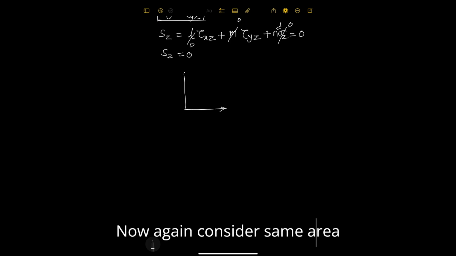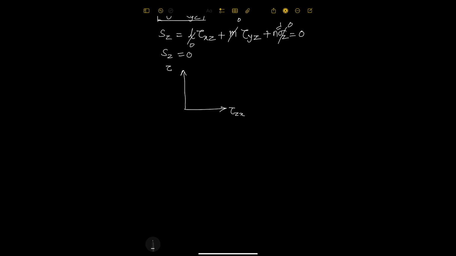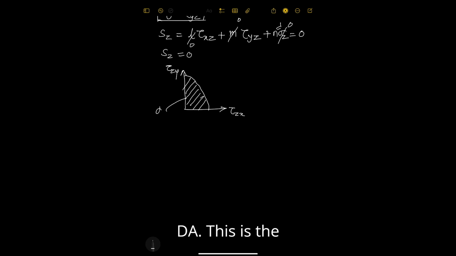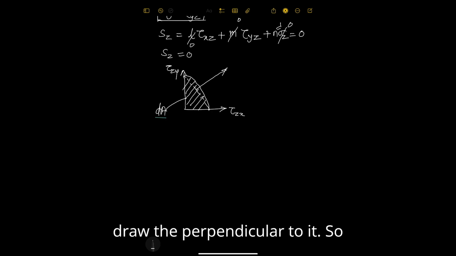Now again consider the same area, and now we know that tau zx and tau zy are acting on the area dA. So this is the area dA. Let's approximate this boundary by a straight line and then draw the perpendicular to it.